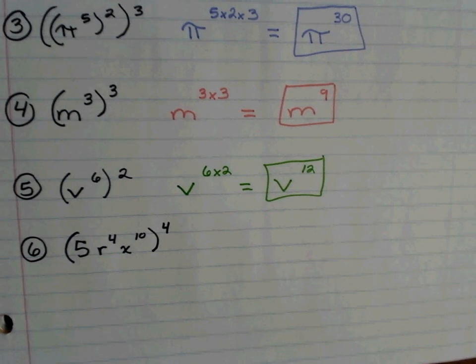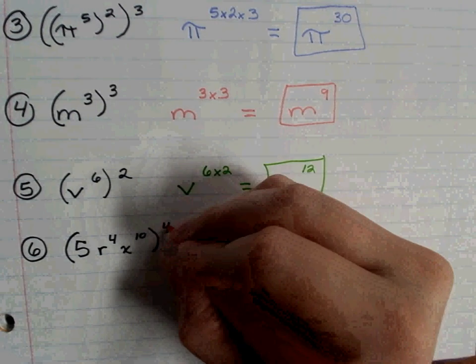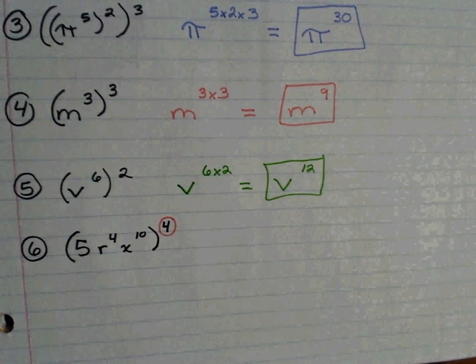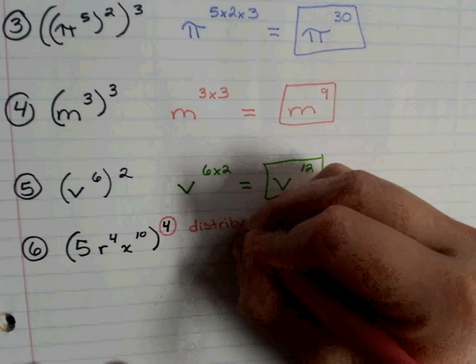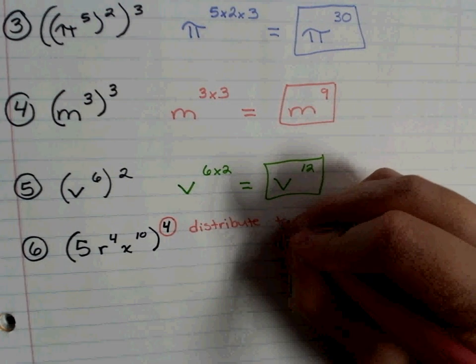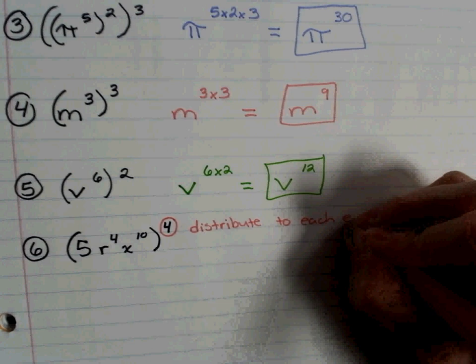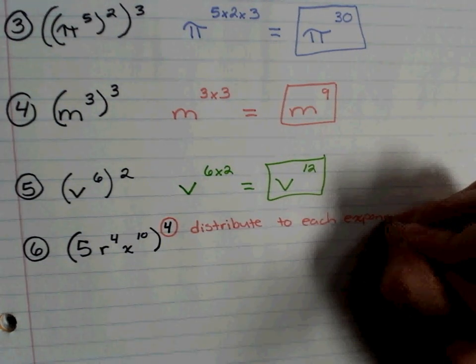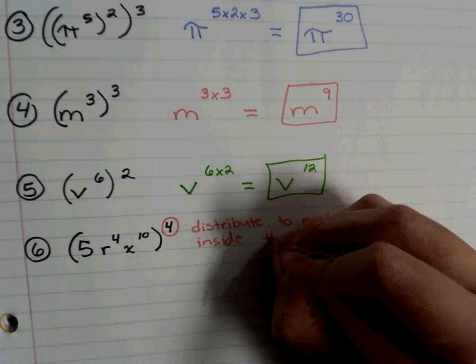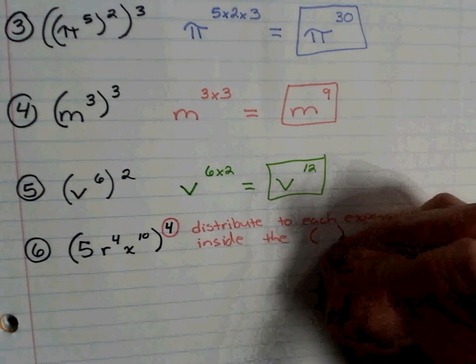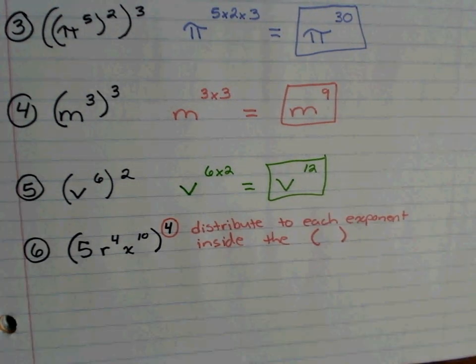However, instead of having to write all that out, what's really occurring here is you're taking this exponent and you're going to distribute it to each exponent inside the parentheses. Now here's the part where everybody always messes up.